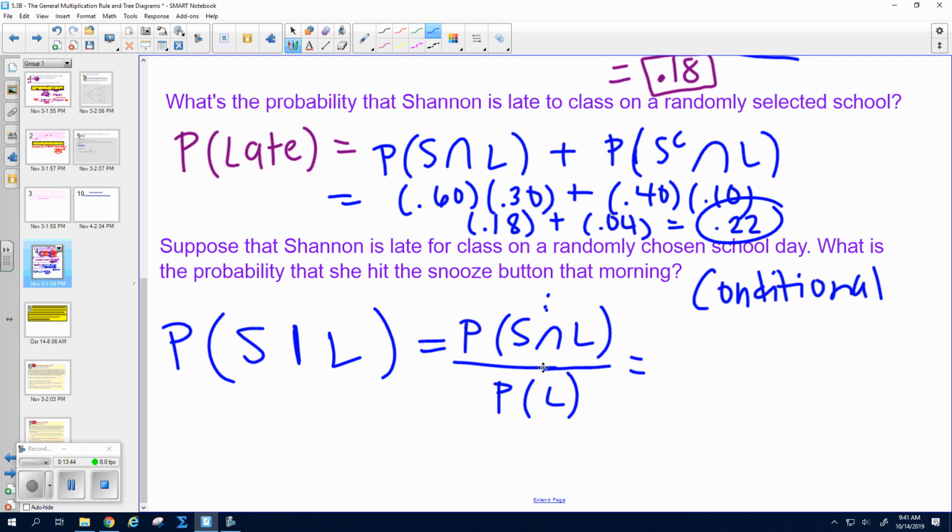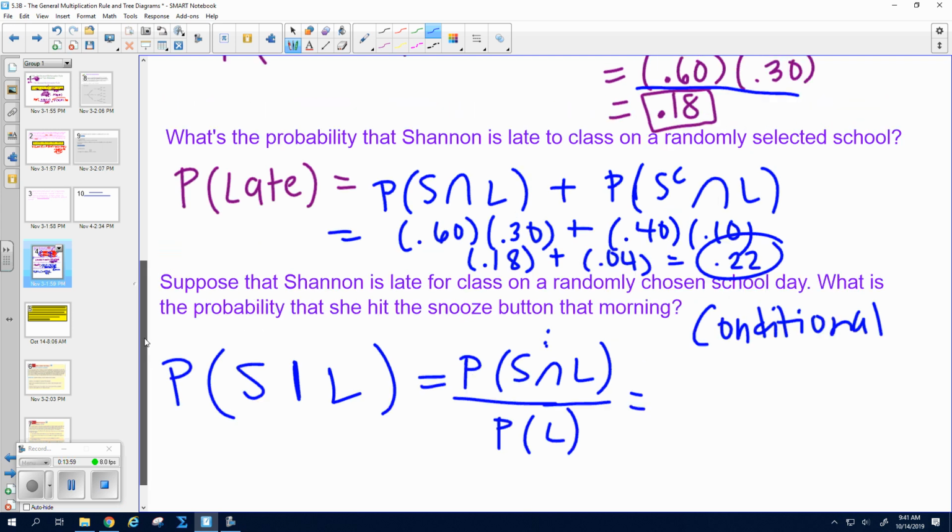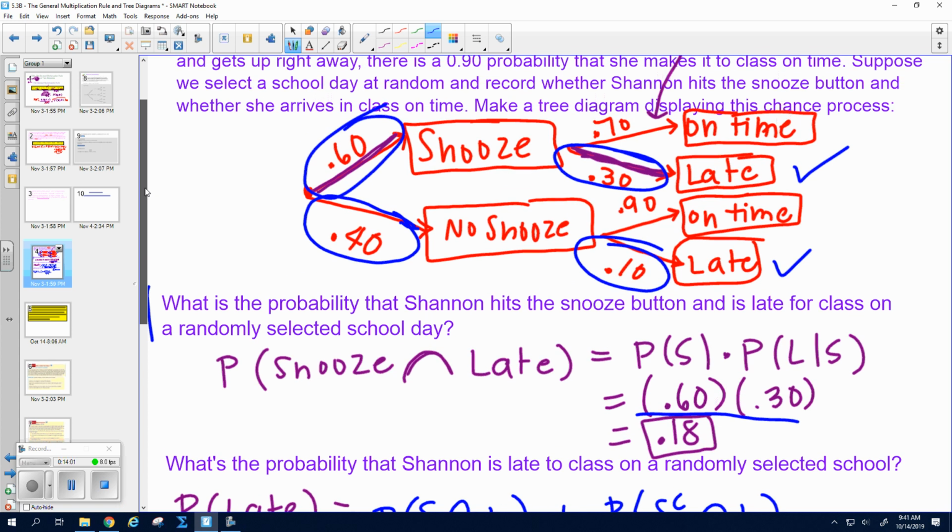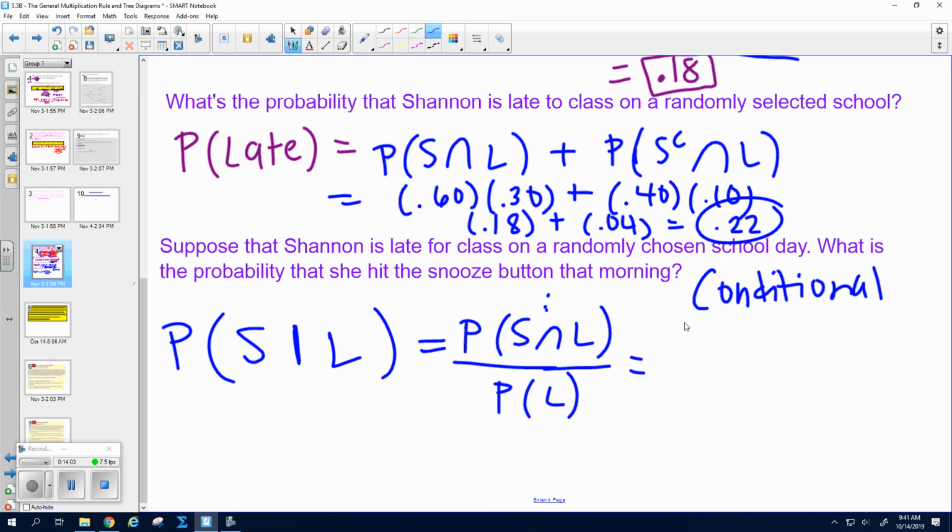We just did both of these things, but I'm going to write it out again just to show you what it is we're doing. All right. So in the top is the probability of snooze and late. That means I multiply snooze times late down that one path. All right. So that's 60% times 30% in the top. That's the probability she snoozes and is late.